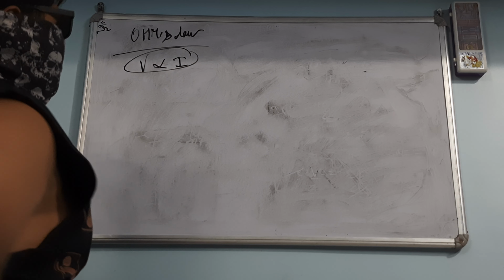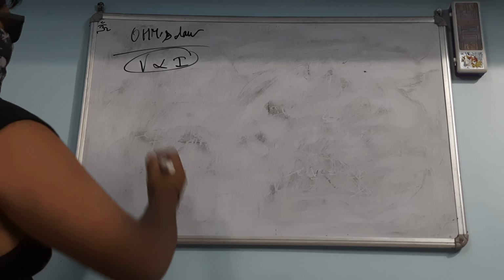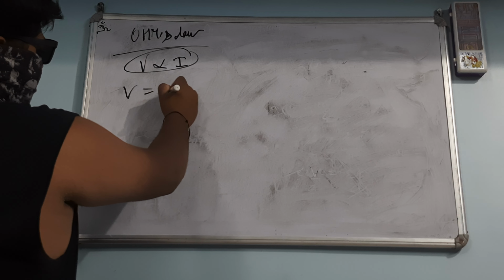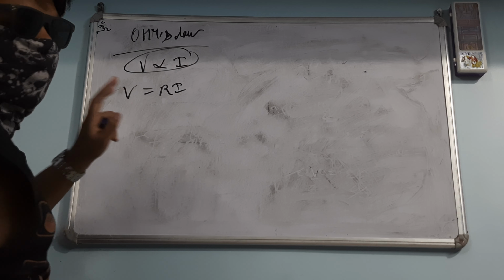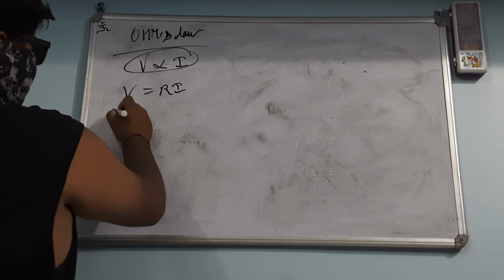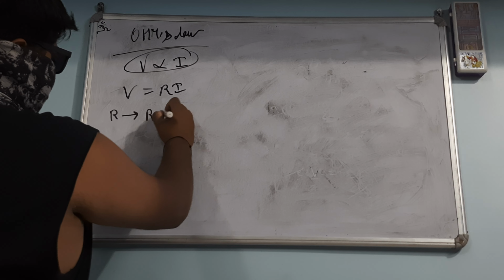So V is equal to IR. R is a proportionality constant, and R is known as resistance.